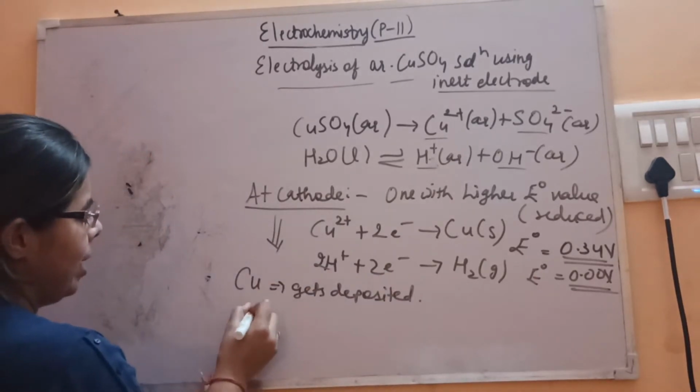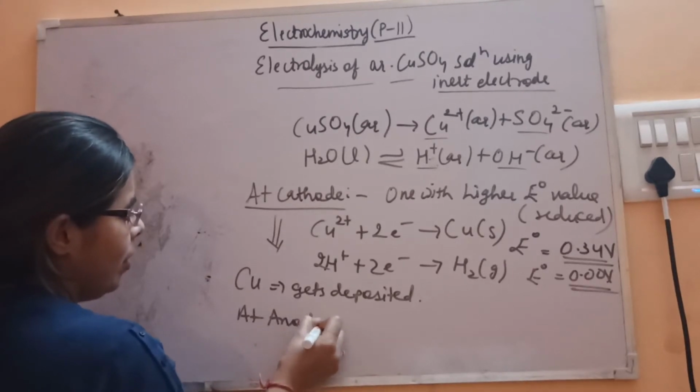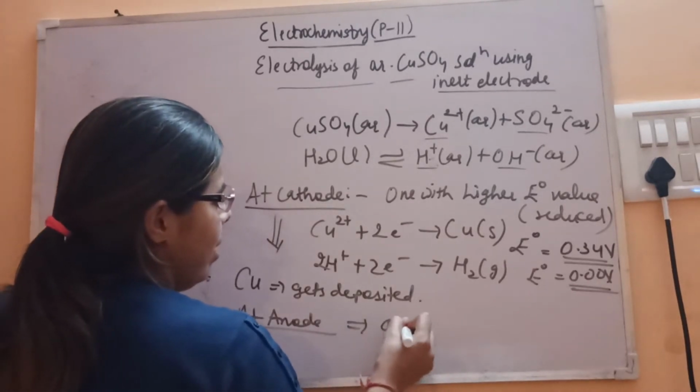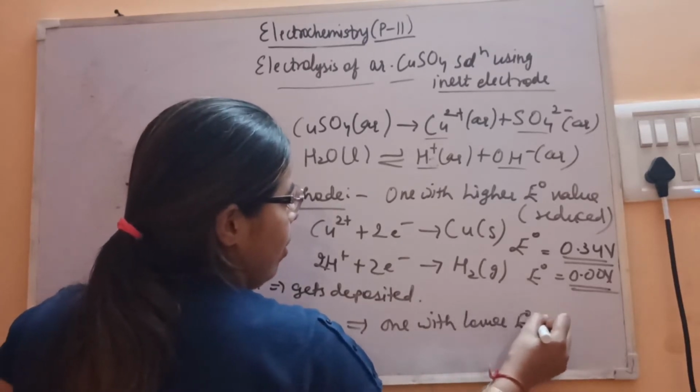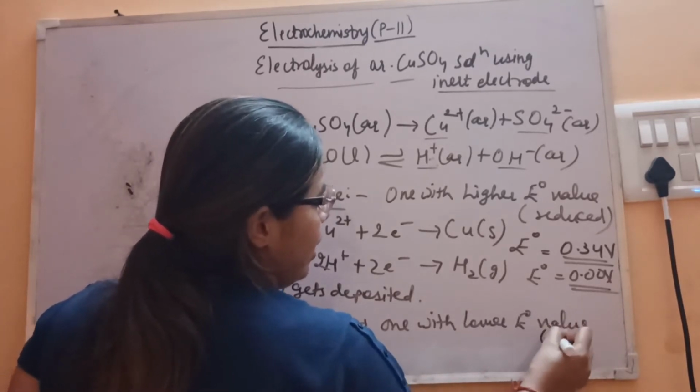Now at the anode, we know that the one with lower E0 value gets oxidized.